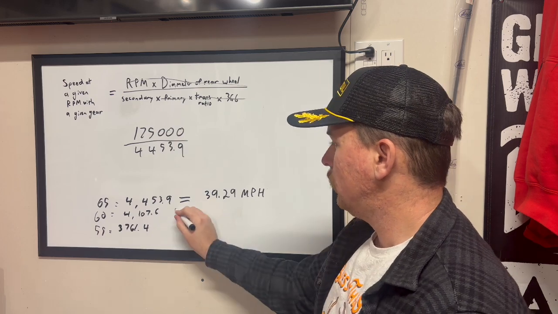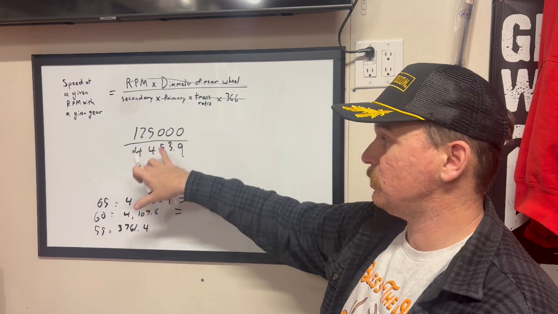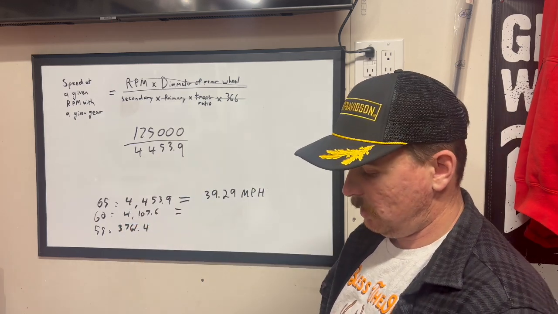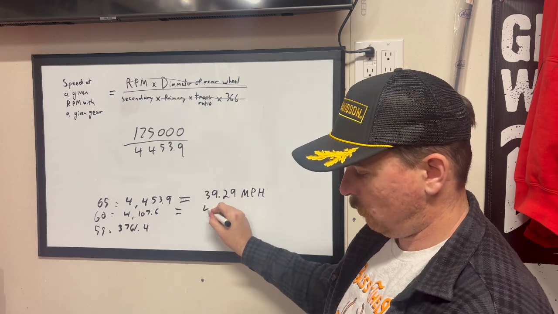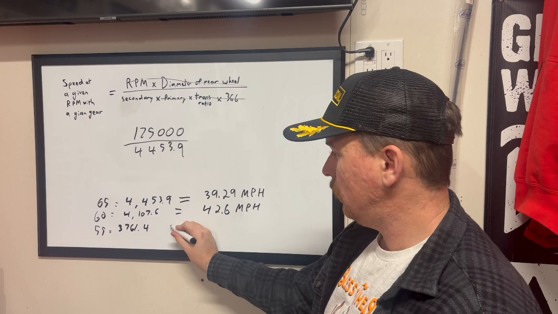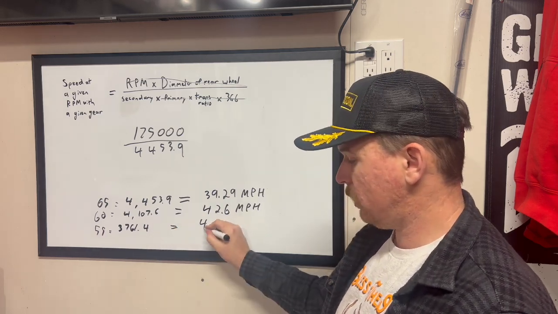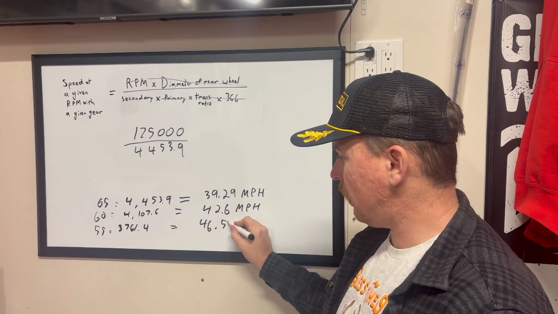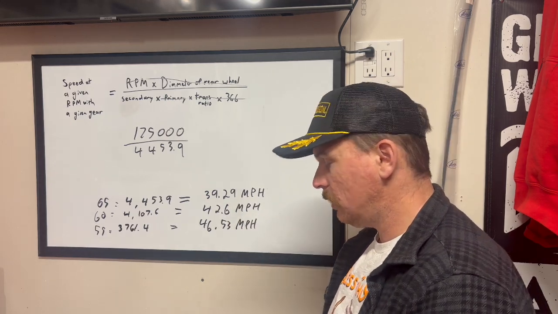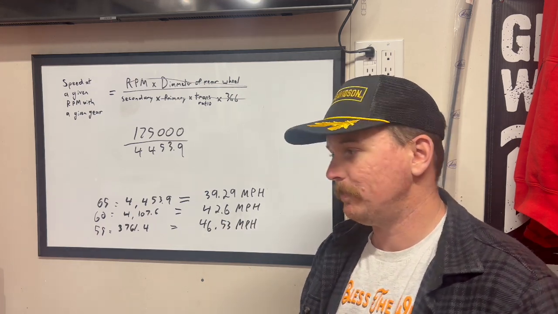Then we do it for 60: 175,000 divided by 4,107.6 gets us 42.6 miles per hour. And we'll do the same for the final one, 55, and it gets us 46.53 miles per hour. Now you might ask me, what does this all mean?